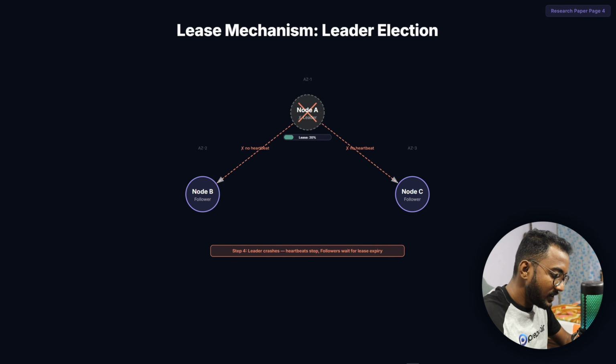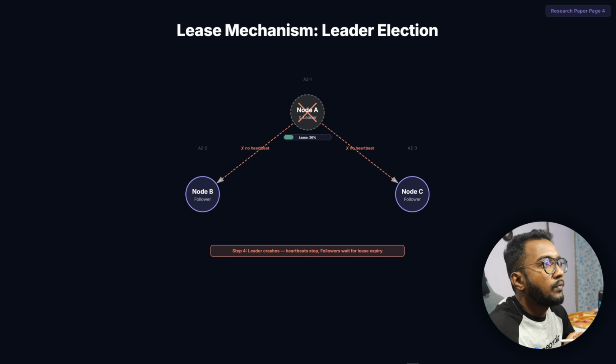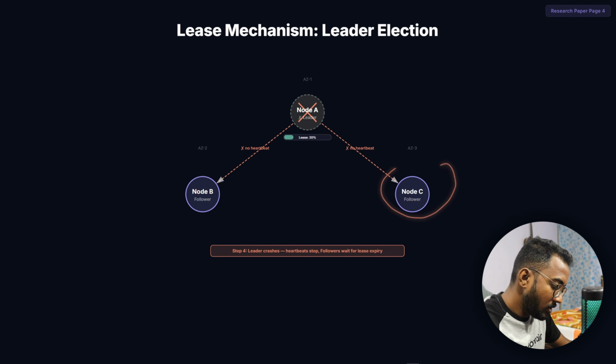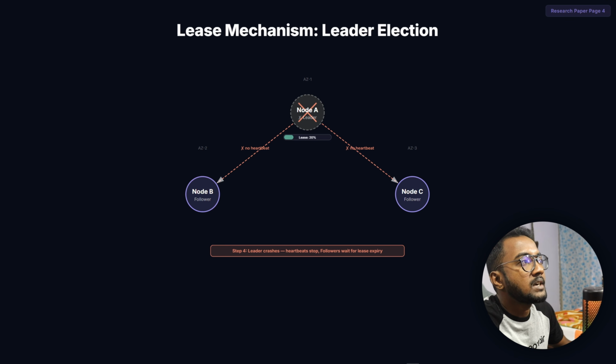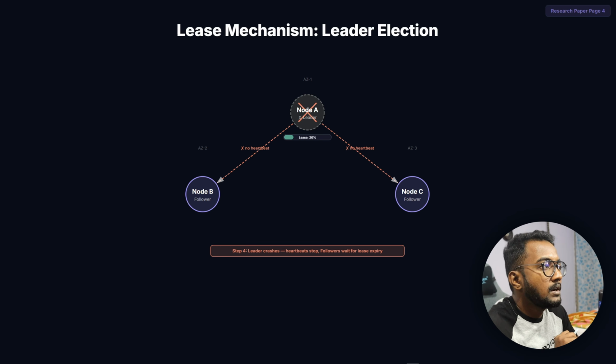So let's say node A is now down somehow. The leader failed and it didn't send a heartbeat. Followers will still not write because the old lease has not expired. Now a peer, say node C or node B, detects that the leader might be down.